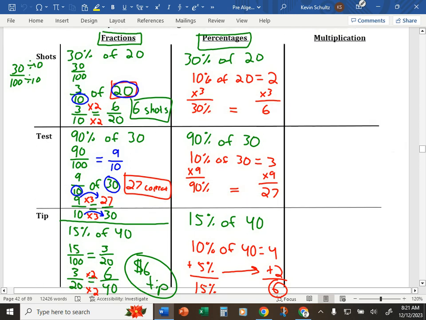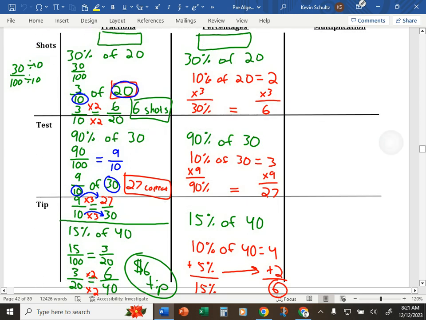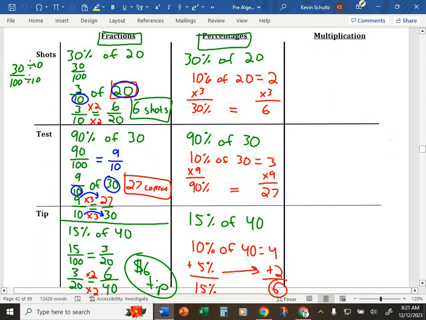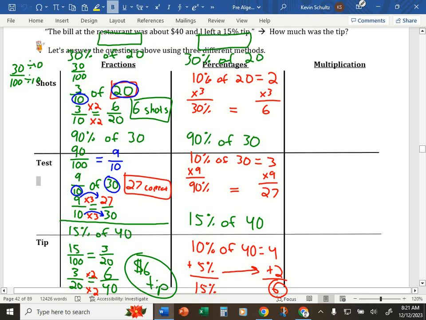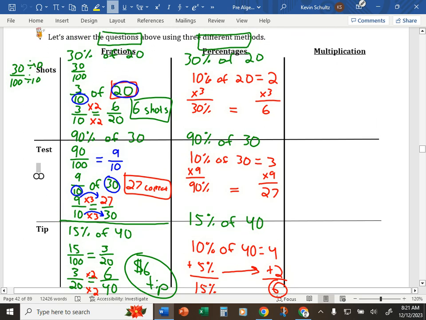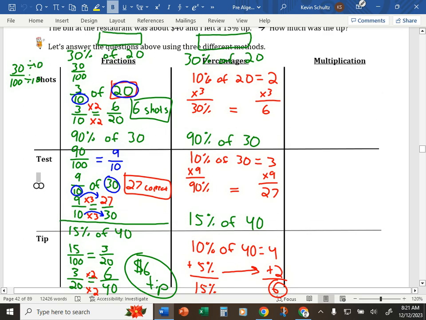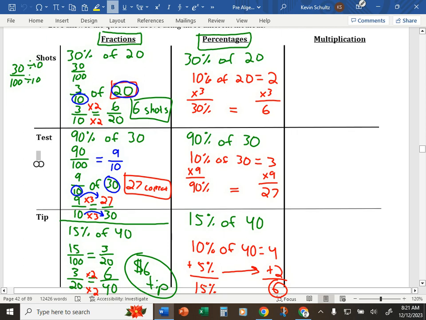Do show your work. Just the 4 on the bottom of the page, whatever we're on. For tomorrow, and that is the homework.